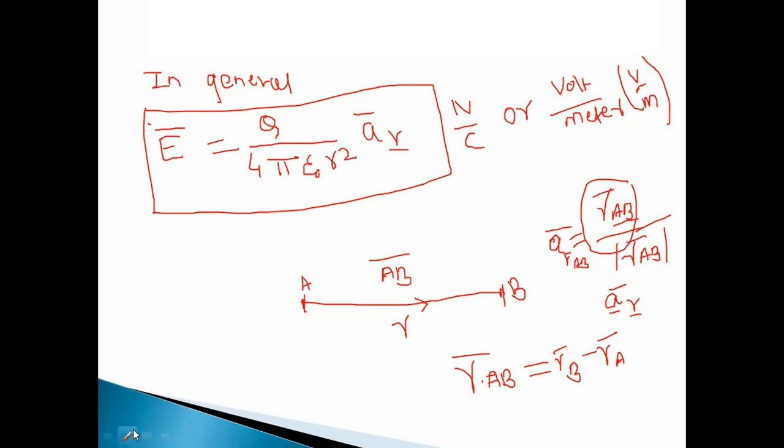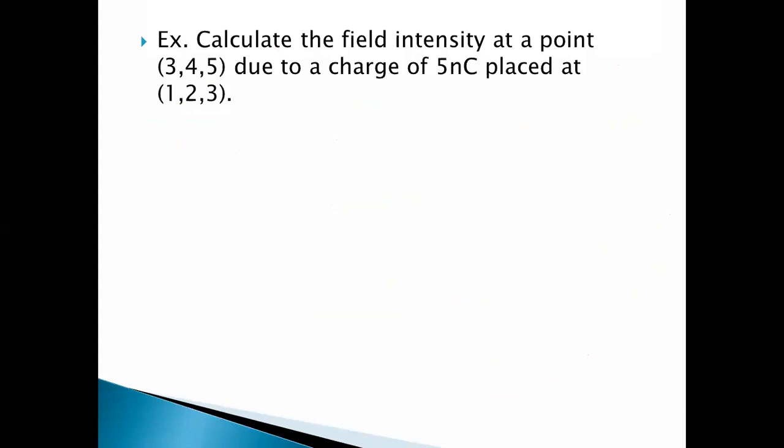Now we'll see some examples, then we'll go for the next point. Is the example visible? Everyone note it fast. Calculate the electric field. They are asking only field intensity, but remember, if they are not using the word electric, you have to consider this as electric field intensity.